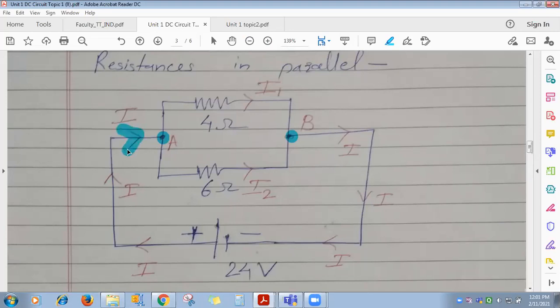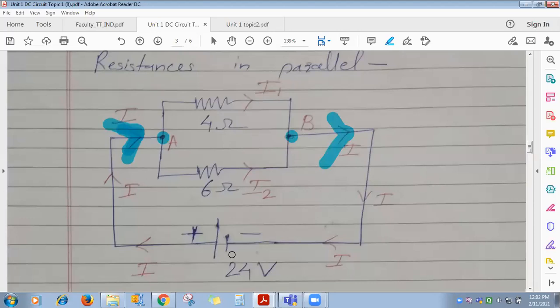Whenever you are going to say that two resistances are connected in parallel, first of all point out the nodes like this. Now what I can say is that the resistances 4 and 6 ohm are connected in parallel between nodes A and B when the current entering node A is the same as the current leaving node B. Okay, current entering at node A is the same as the current leaving node B, and I equals I1 plus I2.